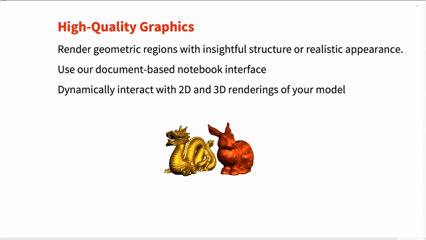We leverage our document-based notebook interface to handle these geometric regions with insightful structure and realistic appearance. You can interact with 2D and 3D renderings of your model and style elements using different types of light, material, and cameras.